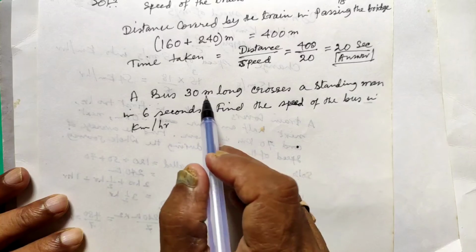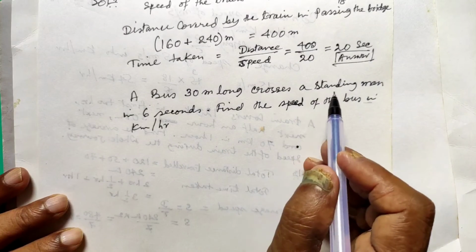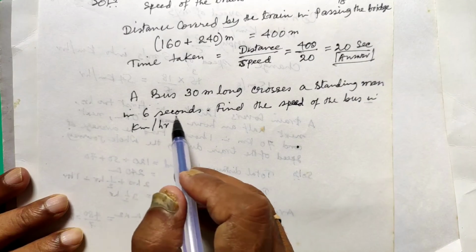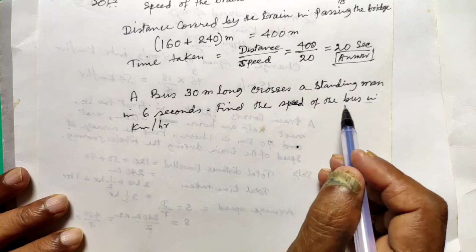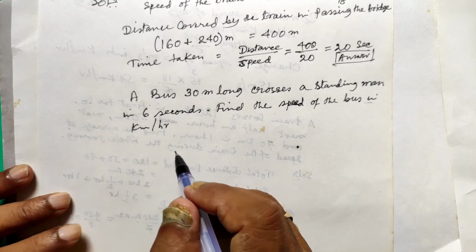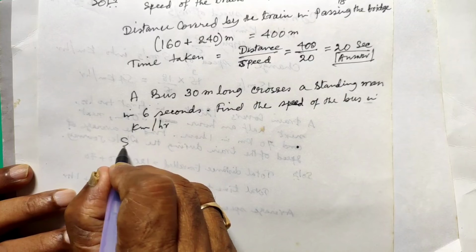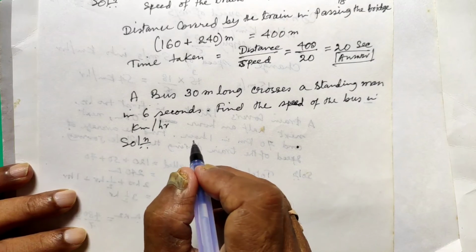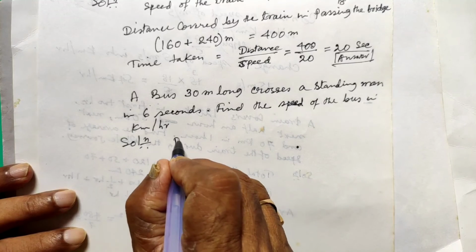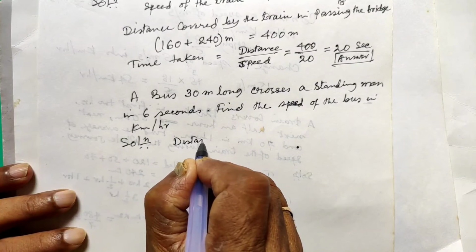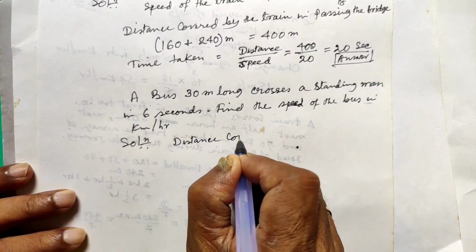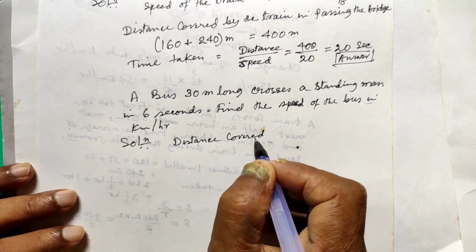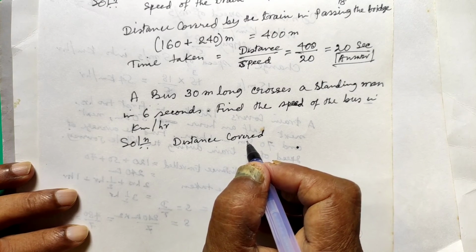This is another sum. A bus 30 meter long crosses a standing man in 6 seconds. Find the speed of the bus in kilometer per hour. Here you have to say that your solution is that first distance covered, okay? Distance covered, that is bus own distance, okay?